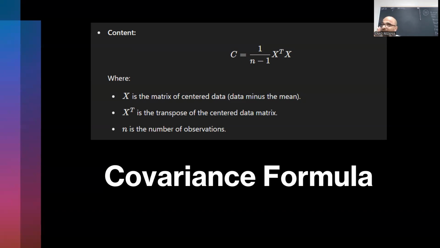I'm going to remind you of those concepts today, but take note that the covariation is a multiplication of two matrices: the feature matrix X, which you start with, and its transpose, and you divide by n minus 1, where n is the number of observations.